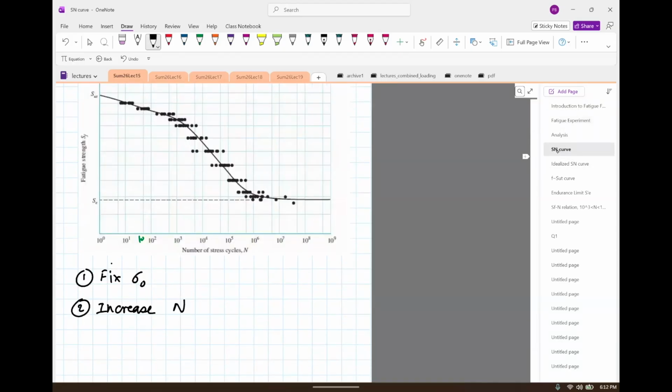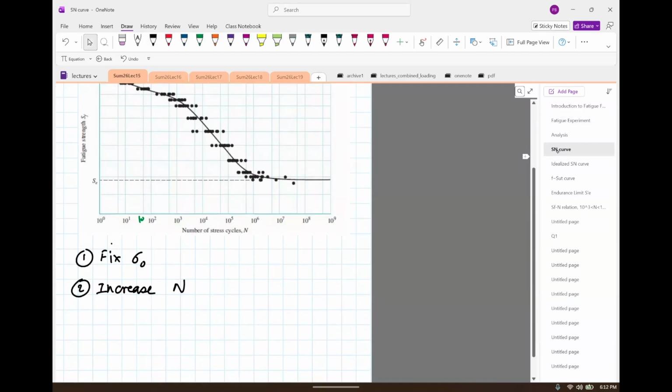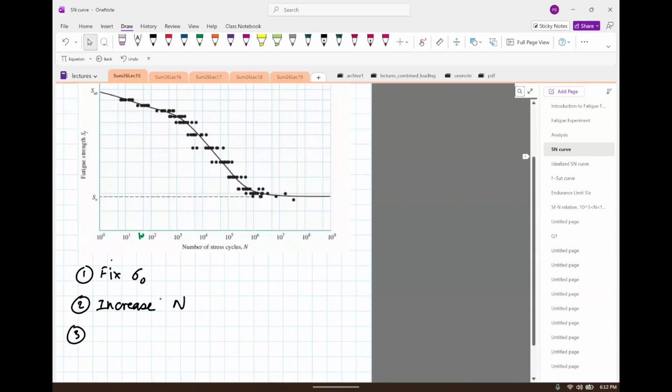You're right. Okay, so then we'll keep increasing n, and we do that till this specimen fails. We'll do this till it fails, and each failure will give us one dot.